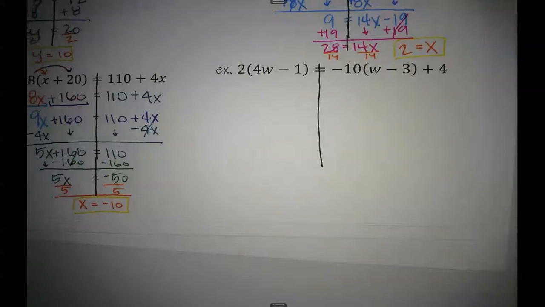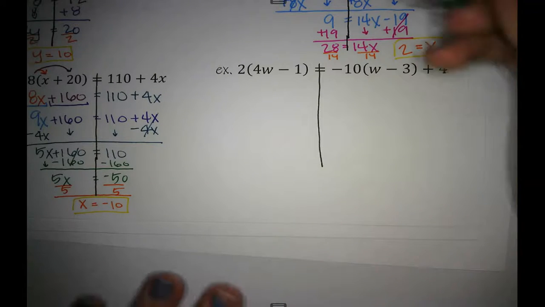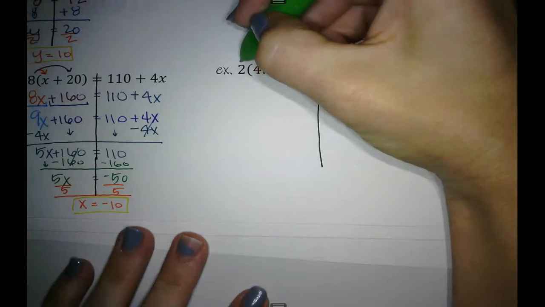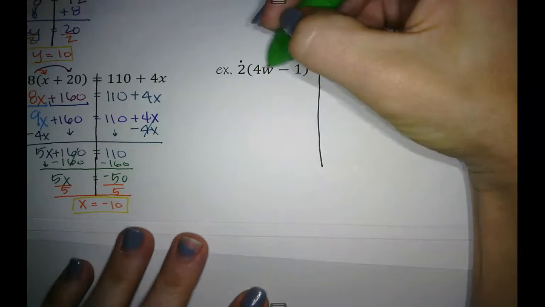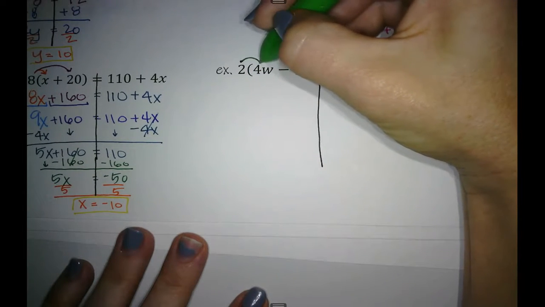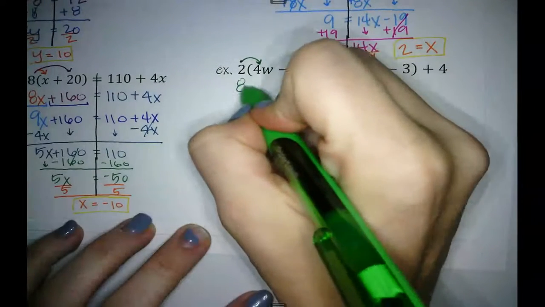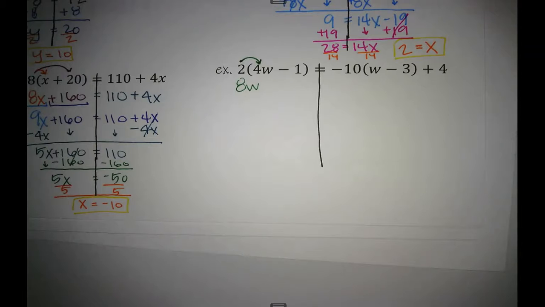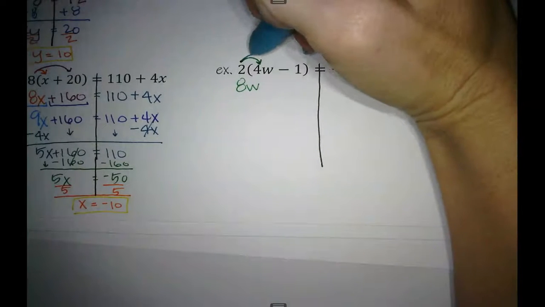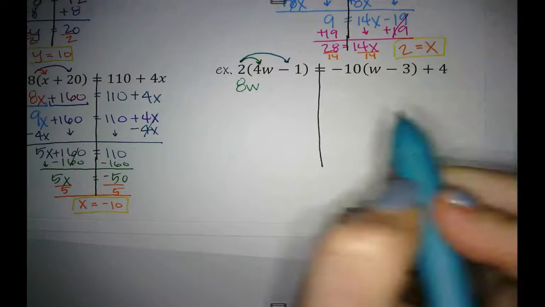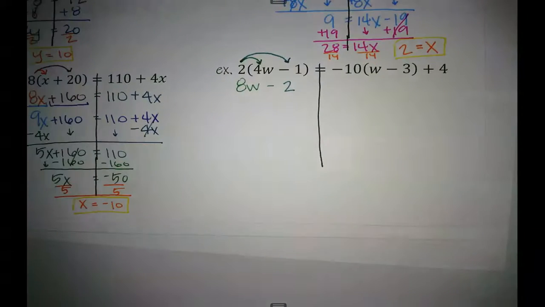Let's take care of that, ignoring the other side for now. We've got 2 on the outside, we need to multiply it by both terms. We need to distribute it. So we're going to take 2 times 4w, 8w. And then I need to take my 2 and multiply it by this negative 1, which is negative 2.